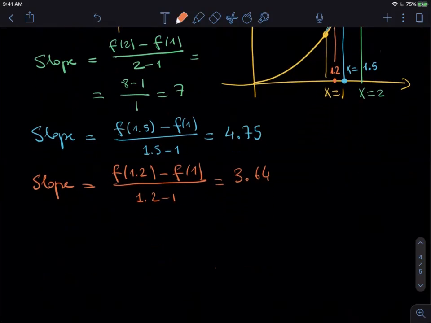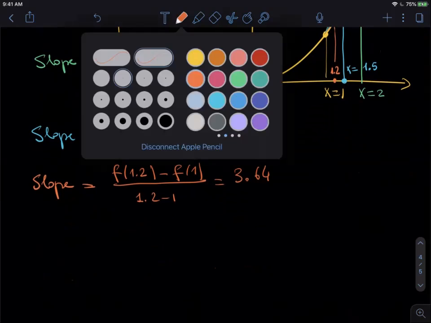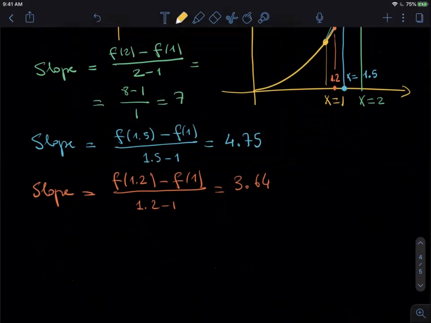So I have done 2, then 1.5, 1.2. Let me do now 1.1, and let's try then. Well, actually, that's going to be too close. Let's jump a little forward and say 1.01, 1.001, 1.0001.